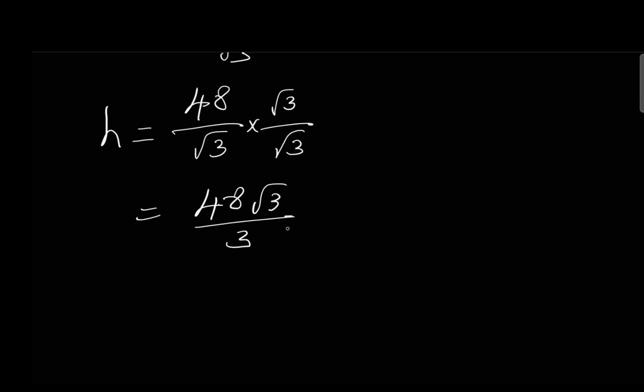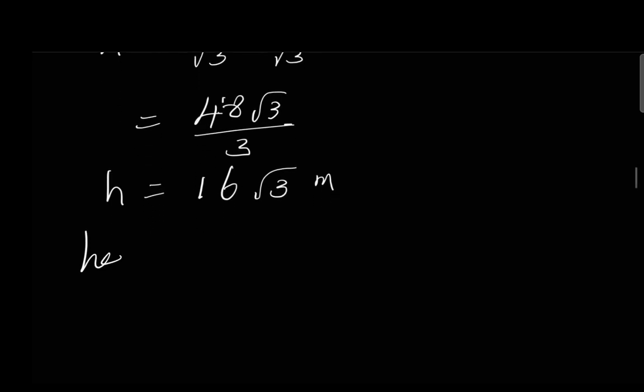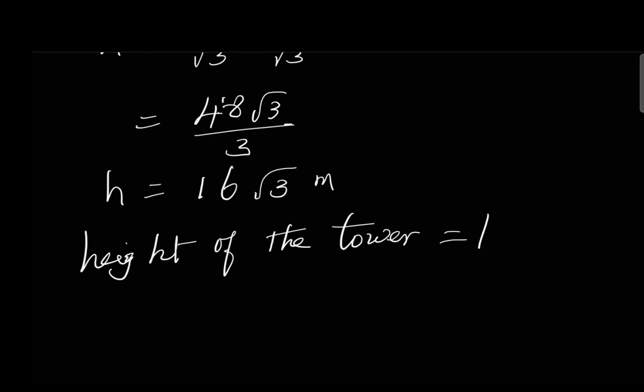Root 3 into root 3, 3. So this 3 can cancel here, 48. 1 3s are 3, carry over 1. 6 3s are 18. 16 root 3 meter. So this is your h. What is h? Height of the tower is equal to 16 root 3 meter.